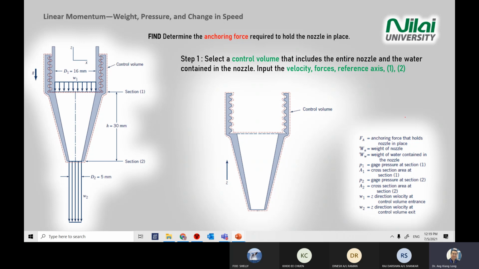We have all these symbols to represent something inside your free body diagram. I will slowly add forces to the free body diagram here. So you scratch the control volume, and draw all the points, the steps that I showed you just now.